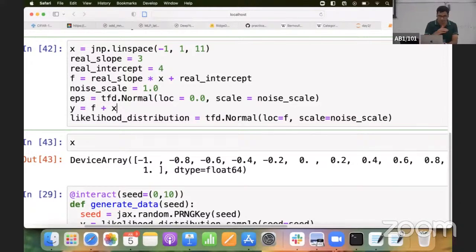Actually, I can't directly write it here because I need to get some samples from the normal distribution, because f is values, so epsilon is a distribution, so we can't directly write it this way, but that's how we would have f plus, sorry, not x, epsilon dot sample. So we'll write something like this. I'm not showing that here, that's already being done here.